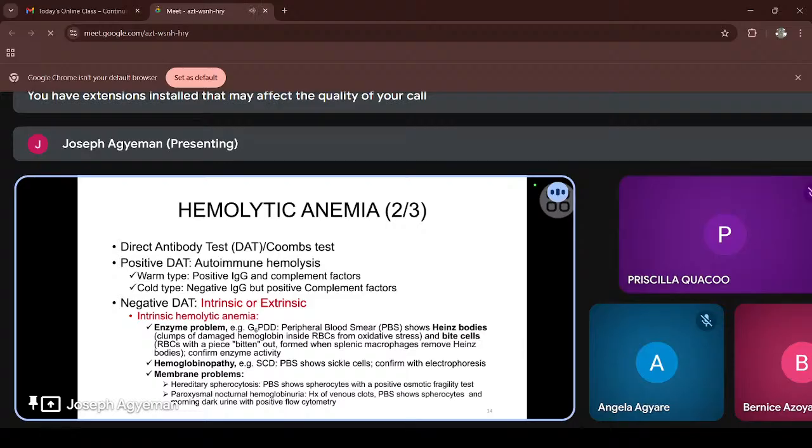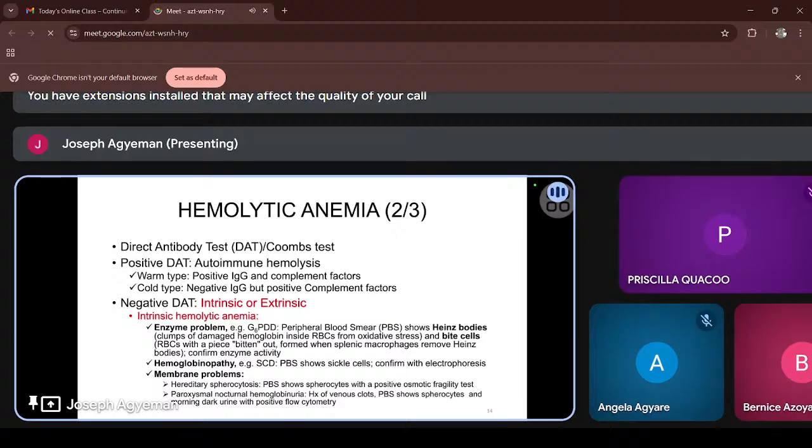If you do the Coombs test and both immunoglobulin G and complement factors are present, then it can only be the warm type of autoimmune hemolytic anemia.